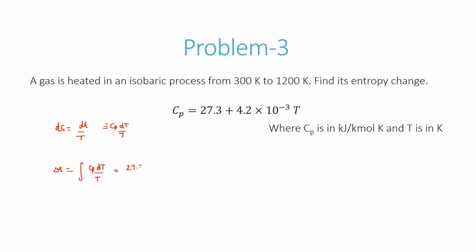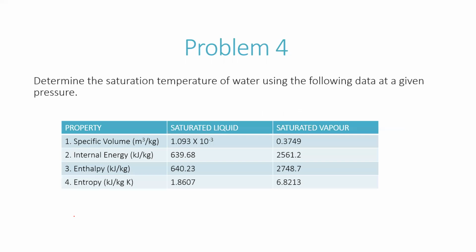So it's going to be 27.3 ln T2 by T1 plus 4.2 into 10 to the power minus 3, T by T is going to be 1, integral of 1 is T, so T2 minus T1. T2 is 1200, T1 is 300. So you'll get the total entropy change as 41.62 kilojoule per kilomole Kelvin. All right. So that is your result. This is the easiest possible question from entropy that you can get.